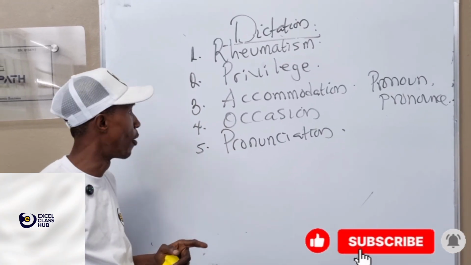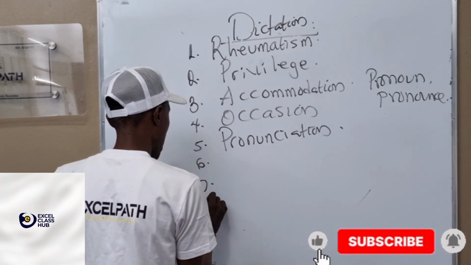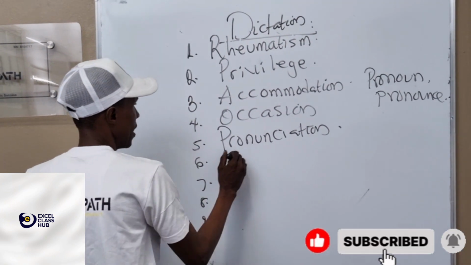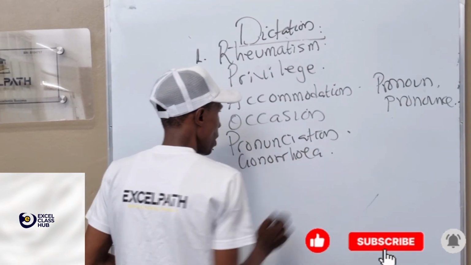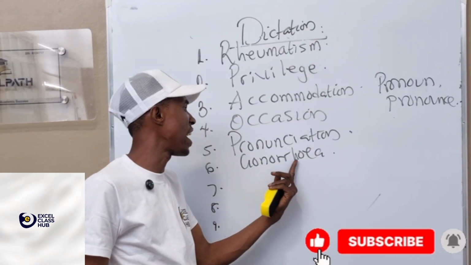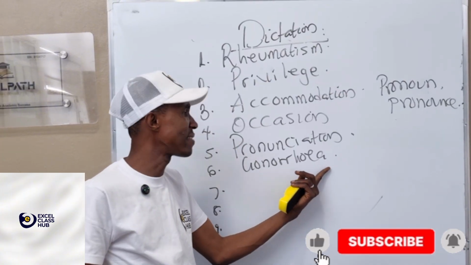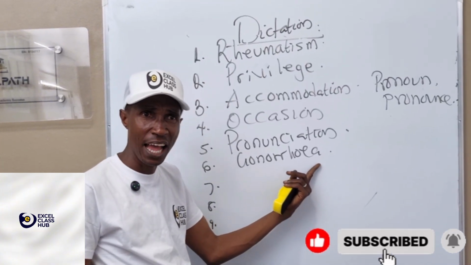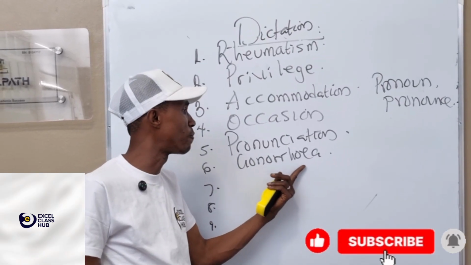Are you getting it now? So I just want to run through 10 so that you can have them at the back of your mind. The next one is gonorrhea. Please take note. If you check, some might write it with H-E-A. It is not wrong, but that is American English. And we are not making use of American English, we are making use of British English.